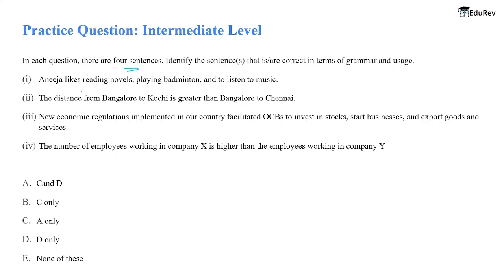We will just observe the statements first. Anija likes reading novels, playing badminton, and to listen to music. I am very hopeful that you should know by now what is incorrect in this statement. It is reading novels, verb and ing, playing badminton, verb and ing, and here it is to plus verb.